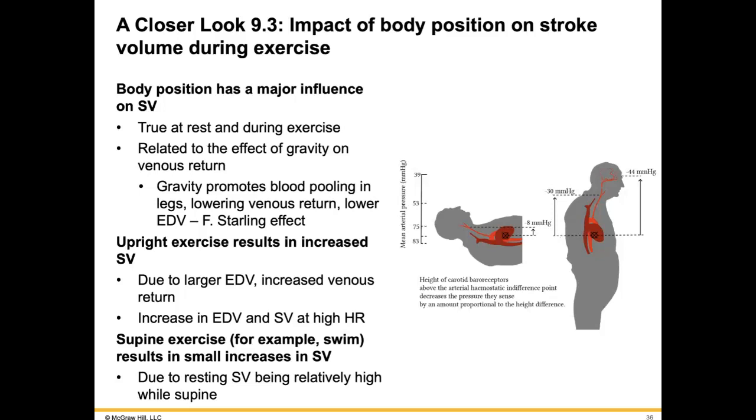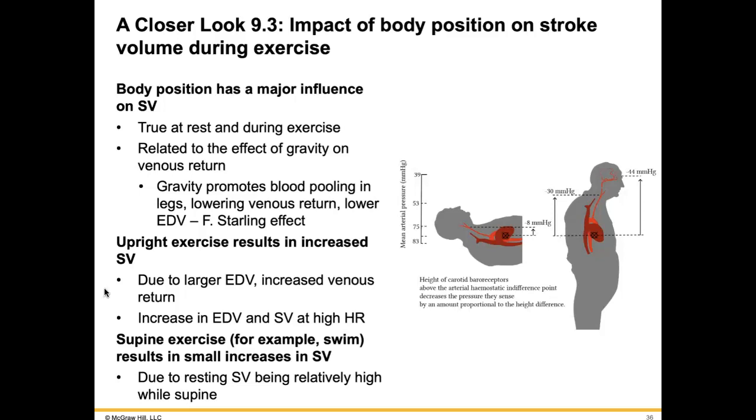And this is also due to the Frank-Starling effect, meaning that when we have that low end diastolic volume filling up the ventricles, we are not going to efficiently be sending out blood to our circulatory system, and hence we're not going to get our venous return back as well.